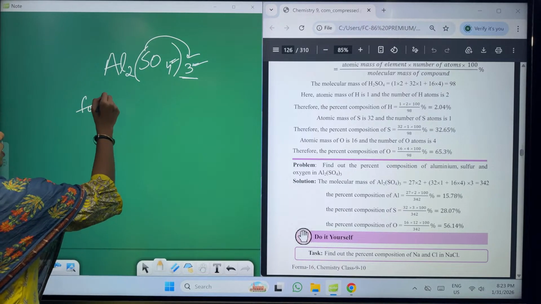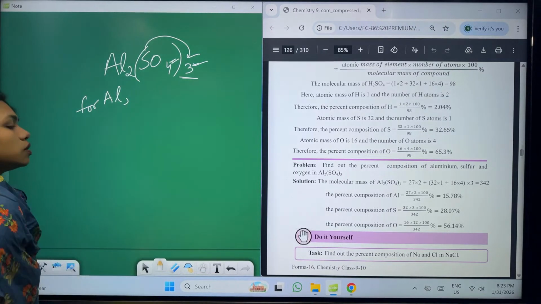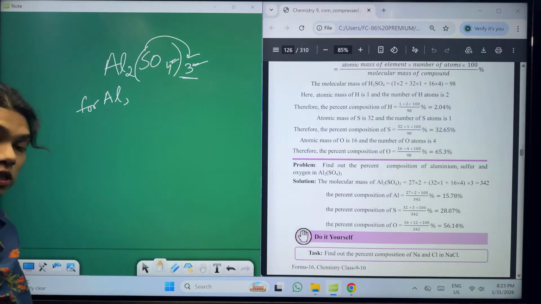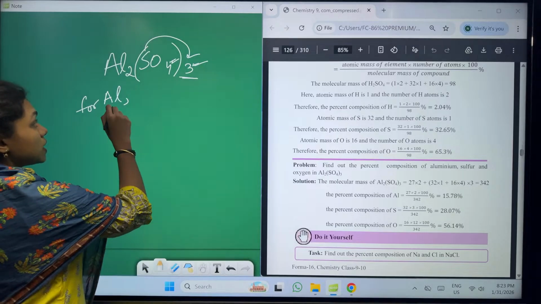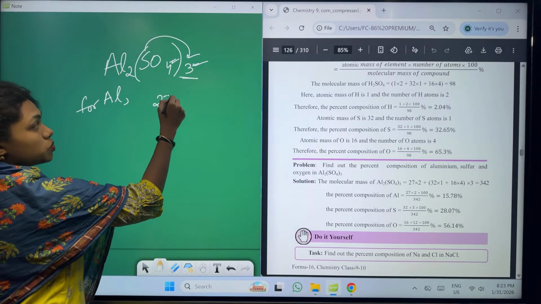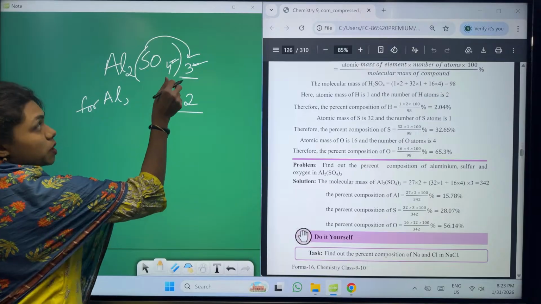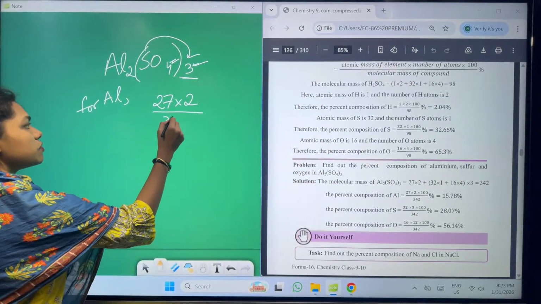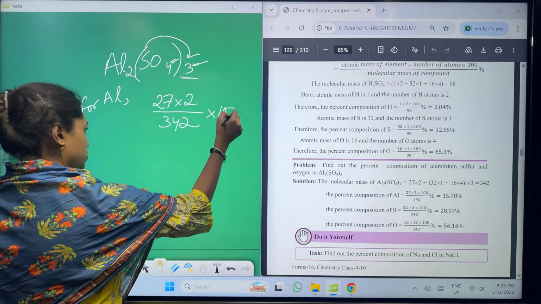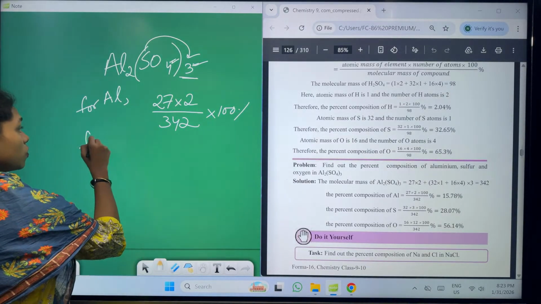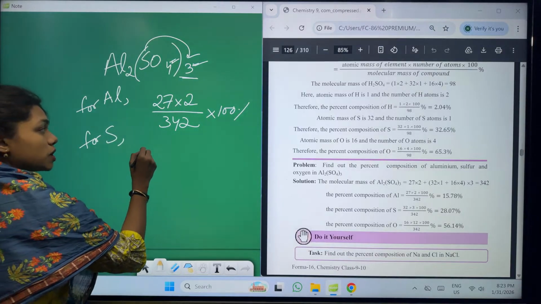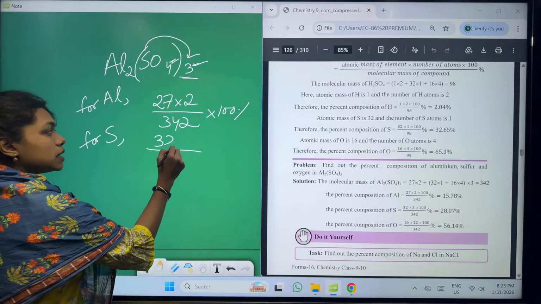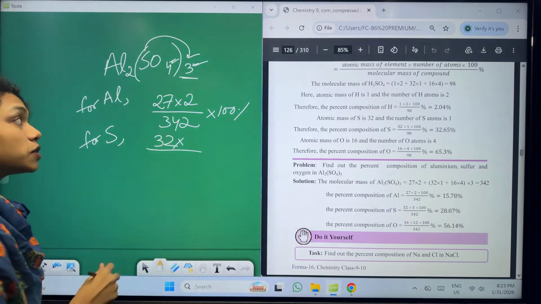So for aluminium, what is the mass that I derive from the periodic table? That is 27. And how many atoms are there? 2. So 27 into 2, divided by the total molecular mass, which is 342, into 100%. For sulfur, I know the mass from the periodic table is 32. 32 into how many atoms of sulfur?